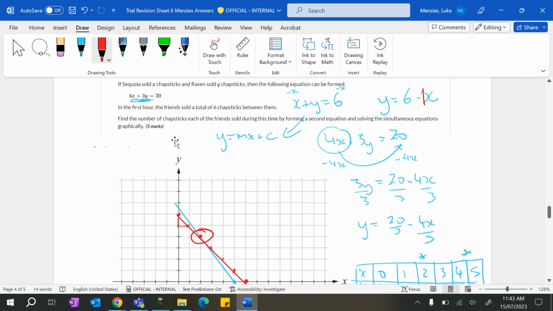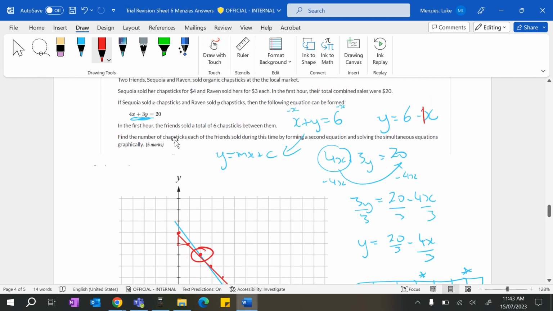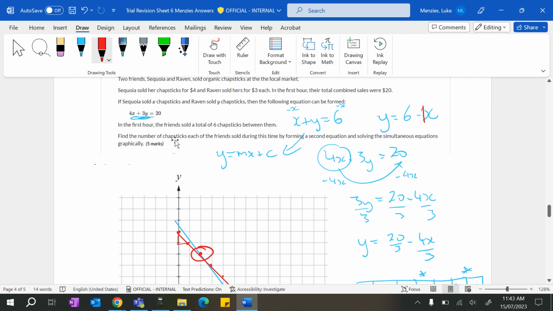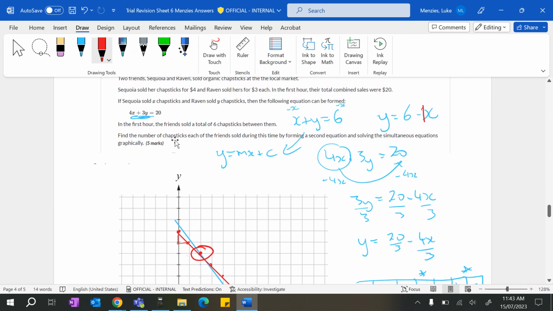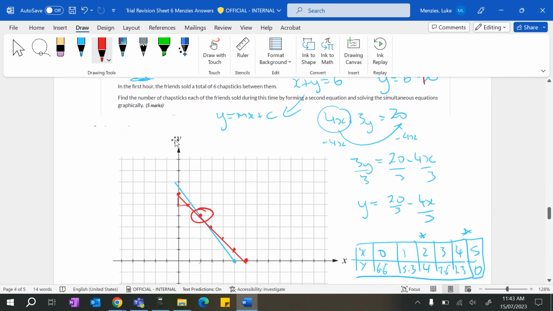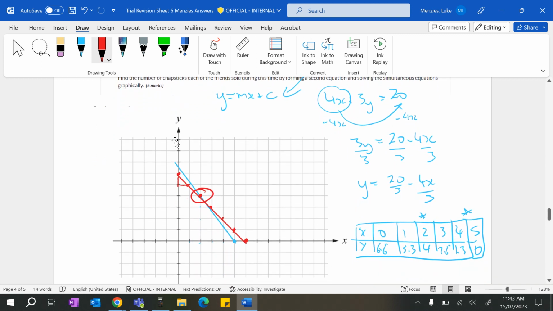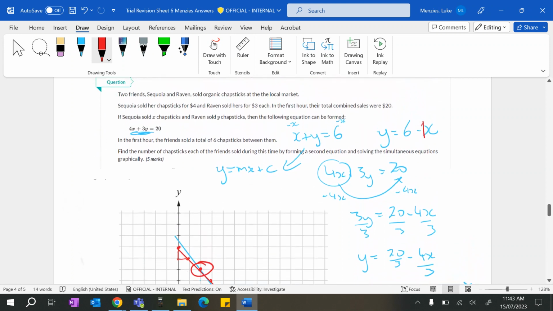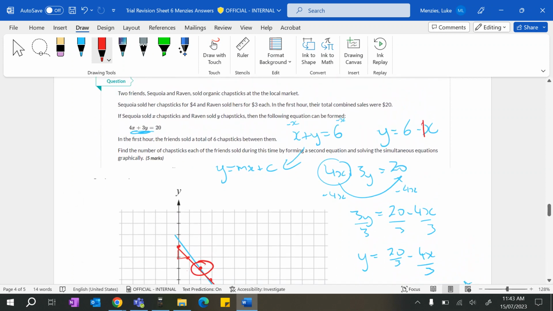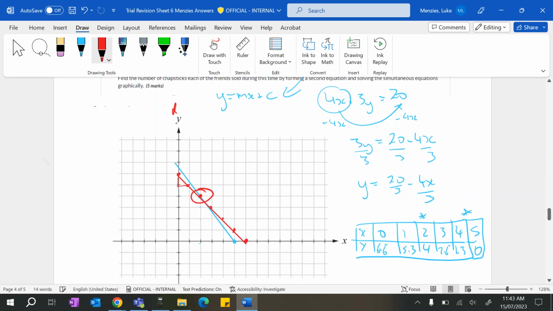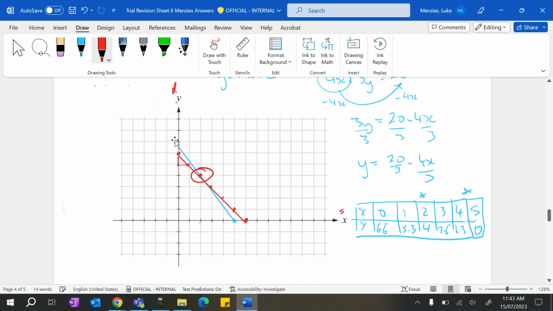So here we go. In the first step, find the number of chapsticks each friend sold during this time by forming an equation. What that's saying is, don't forget this person is S. Okay, so this is Raven, and this is S. You still have to finish the question.